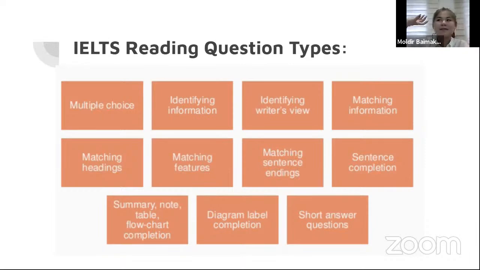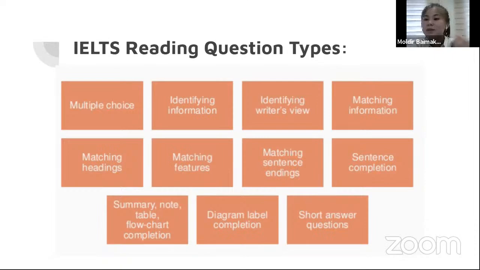Okay, and this is a huge mistake because even though you wrote true and it should be yes, it will be a mistake. Because this is actually a completely different question type, and the principle of how these questions work is different. Identifying writer's view is especially about the writer's view, while true, false, not given questions are about information, about some fact, or some case that is described in the text.